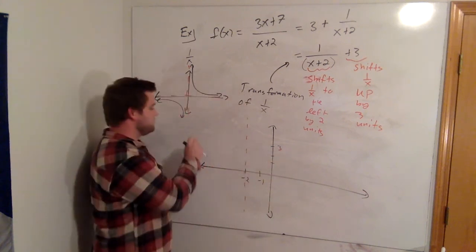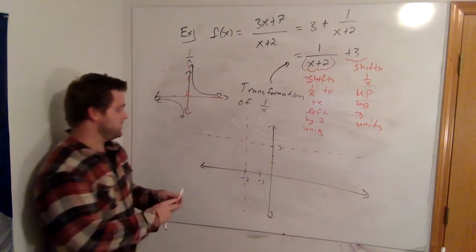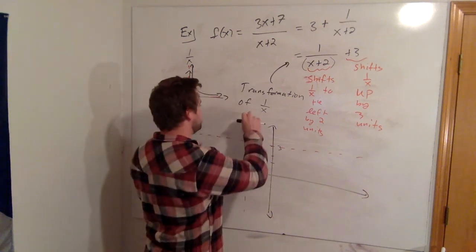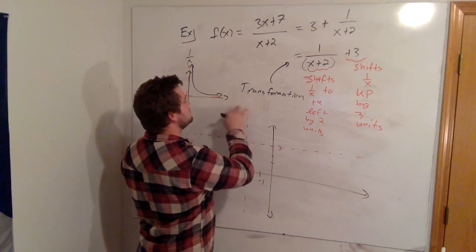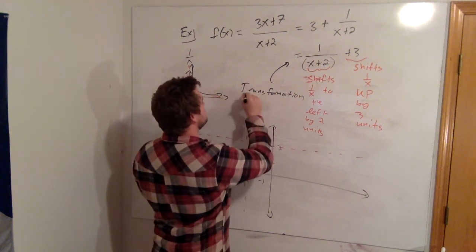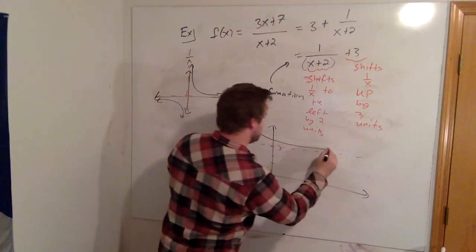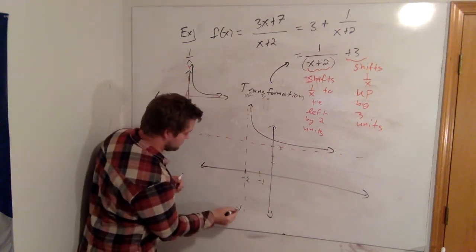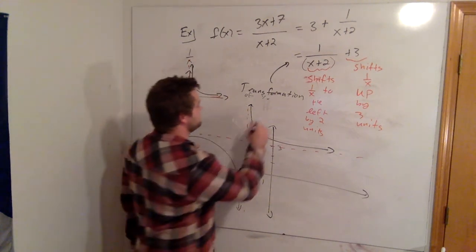So now this is where my new horizontal asymptote will be. Now I can sketch this graph. The graph will look like this. So here's the graph of f of x.